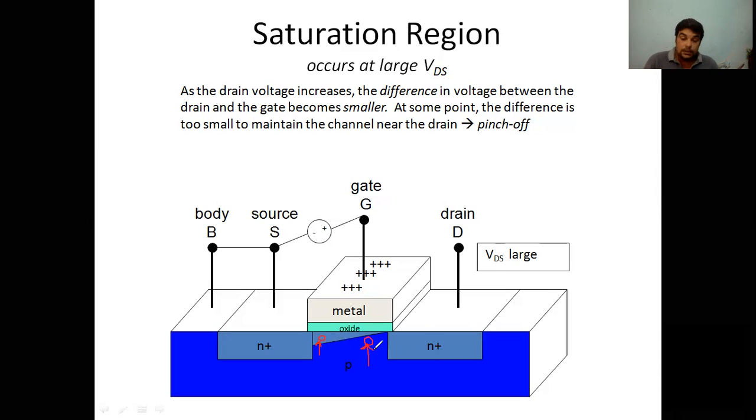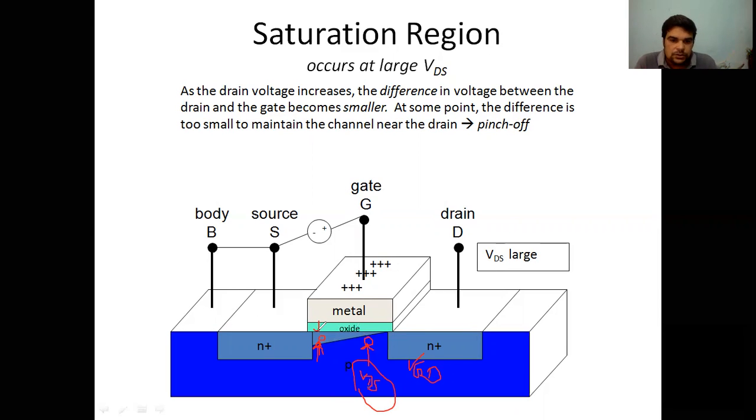Now the effective voltage across the channel, if I see here, is VGS minus VDS, that is VGD, VGS minus VDS.